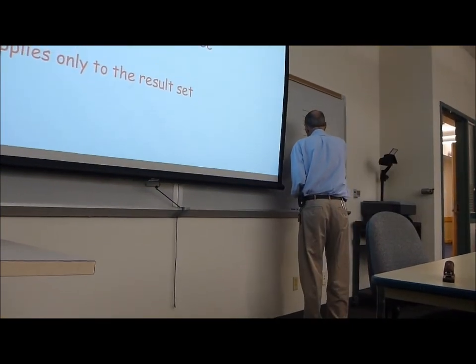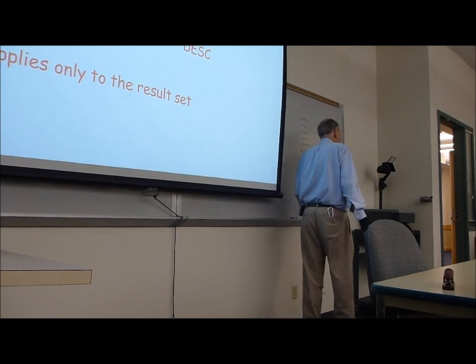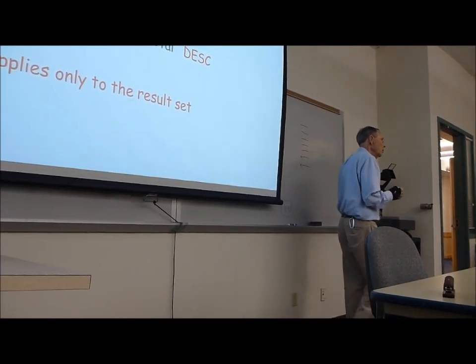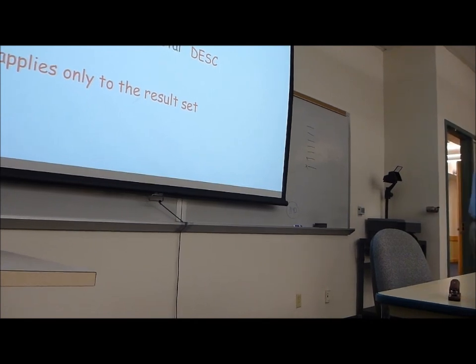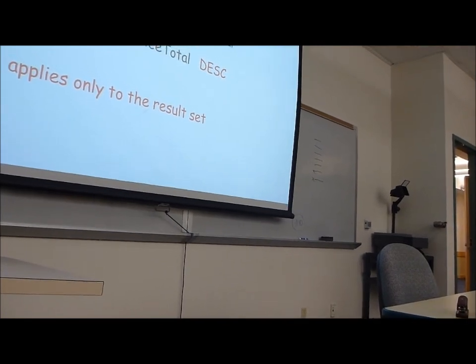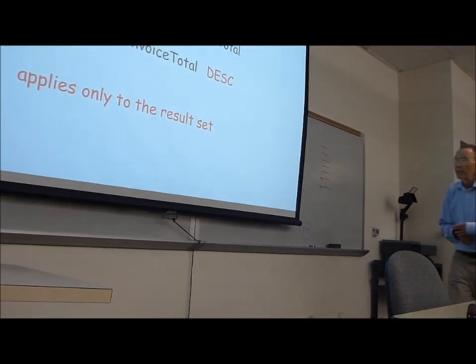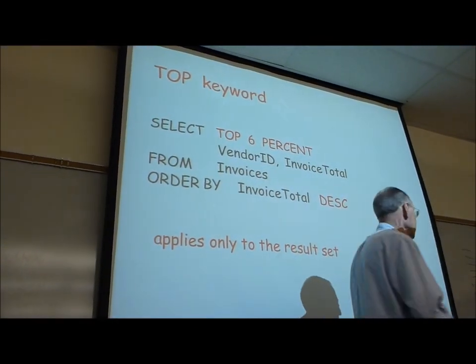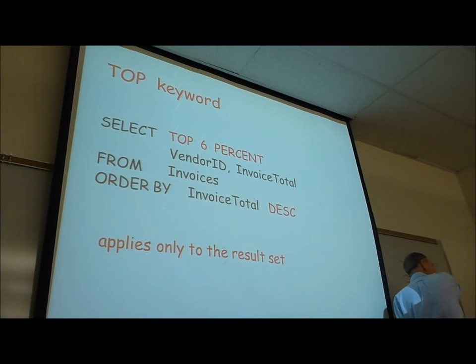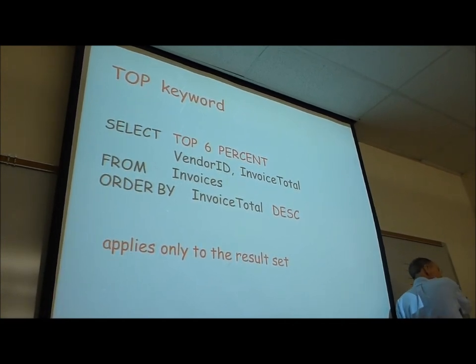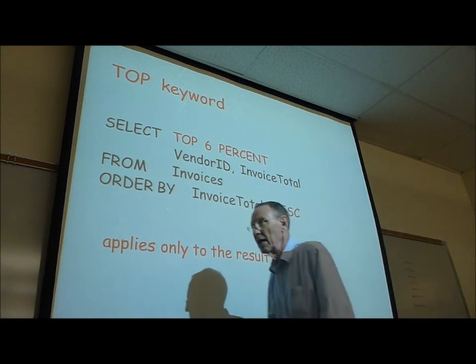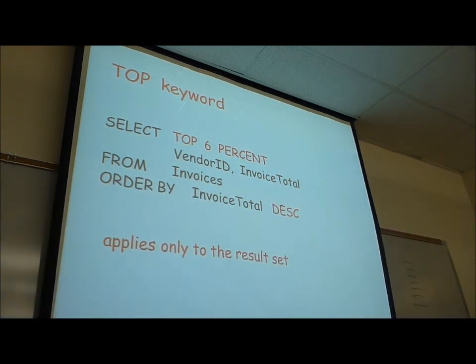If the next record was the same as this one, you'd like that one to be shown too, even though it's going to be more than 6%. And so there's a clause that you add in there: if there's a tie down here at the bottom, and another tie and another tie, it'll show those, so that you get a better picture.